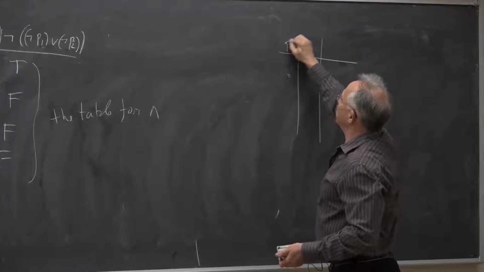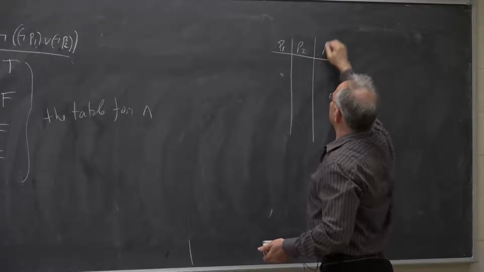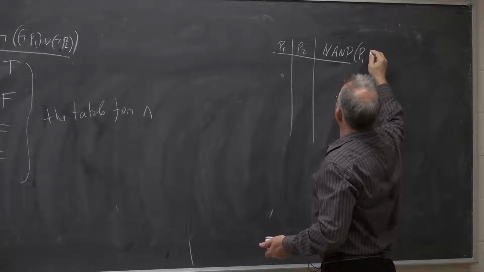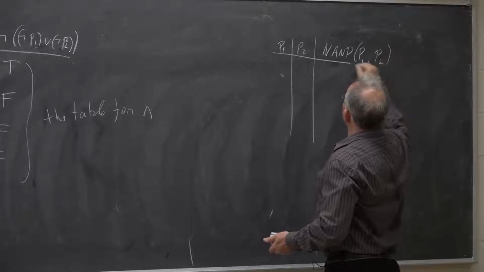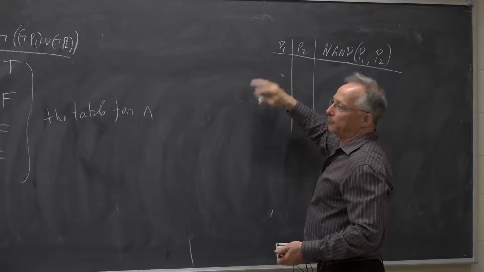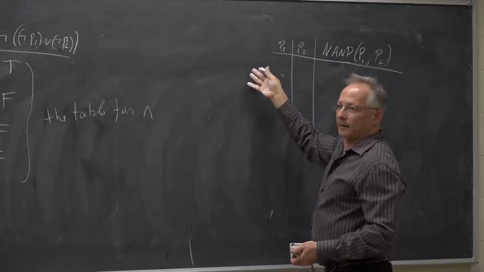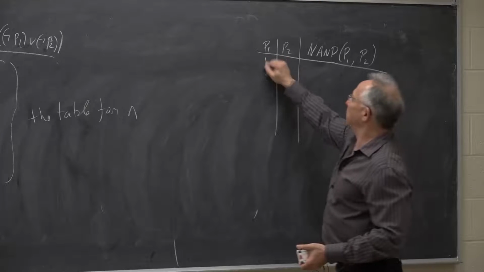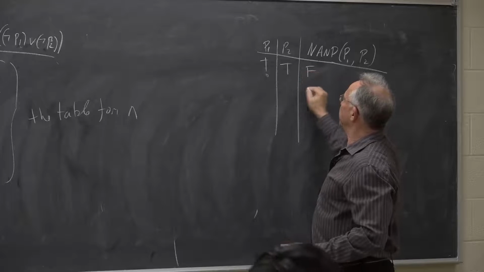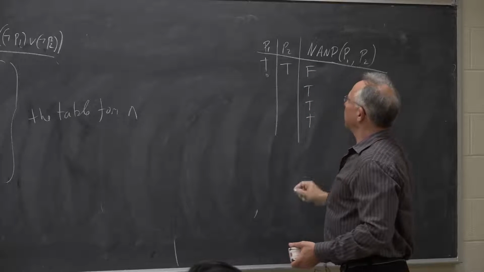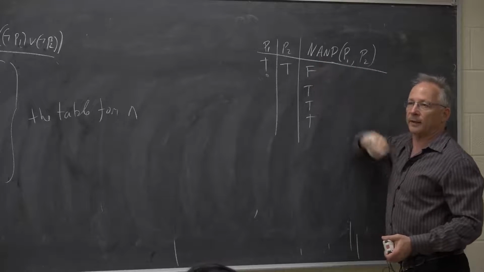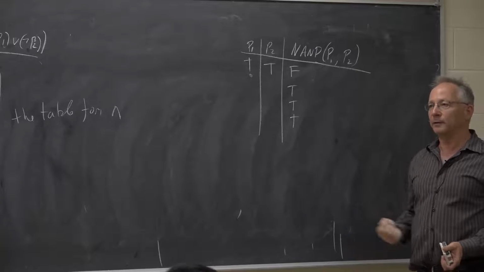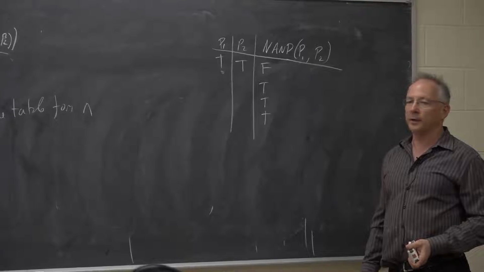So if I have here P1, P2, and here the NAND of P1, P2, it's just the truth table of the negation of AND. So T, T, F, and everything else is T. It turns out that this single connective is adequate, but you need to do more calculations to show it.